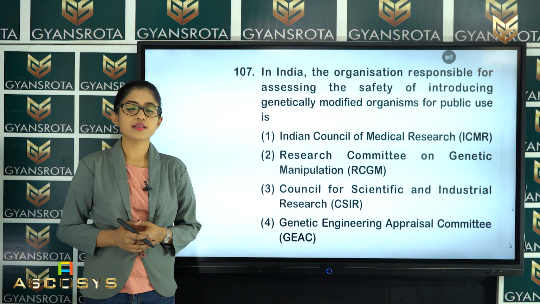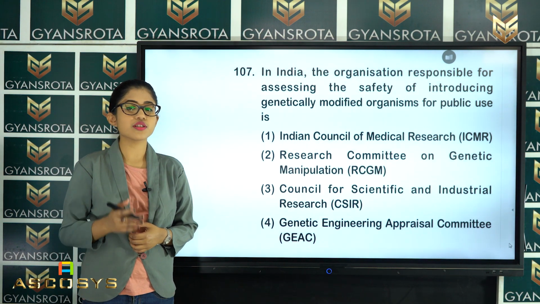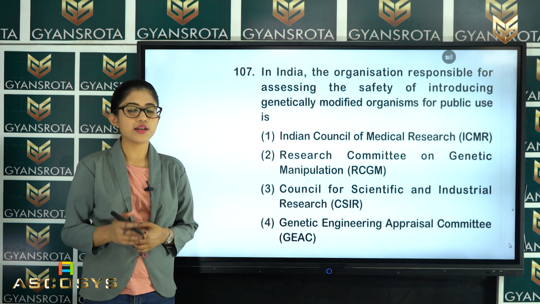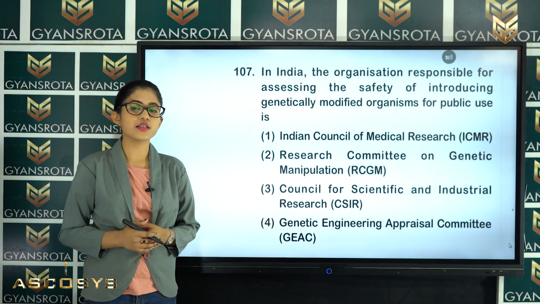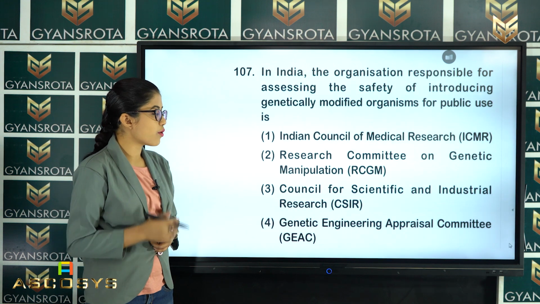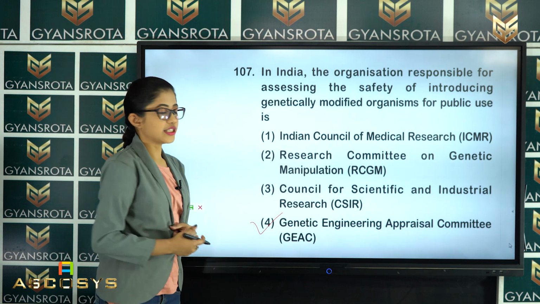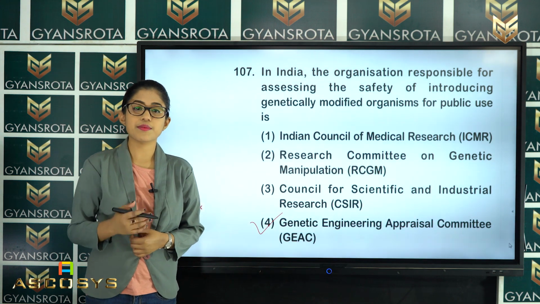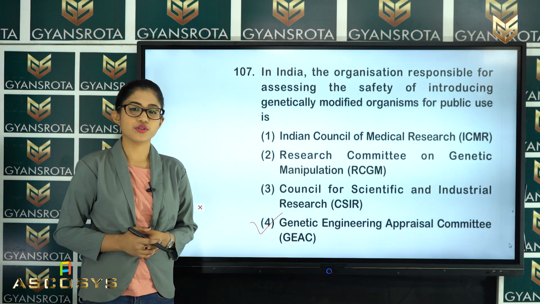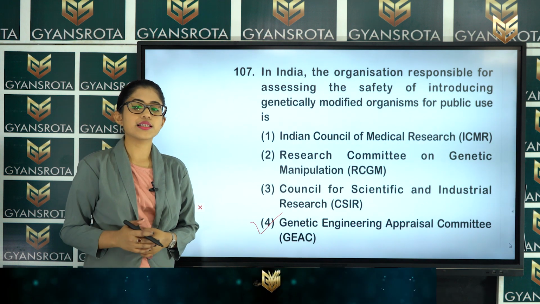So, this is from the chapter Applications of Biotechnology. There we have discussed all about this term, right? So, which among them is the correct option? That is option number 4. Genetic Engineering Appraisal Committee is the correct option for this question. Alright. Now, let us see the next question.